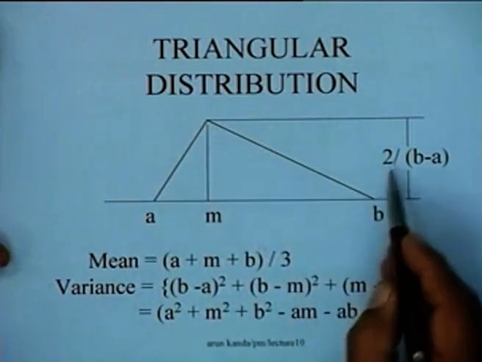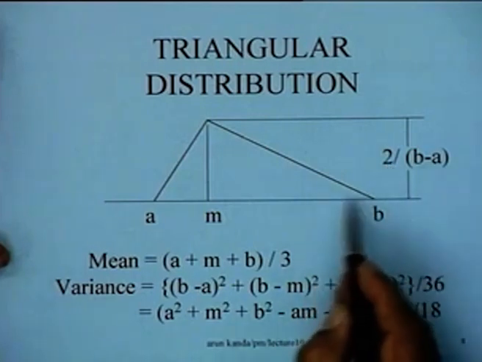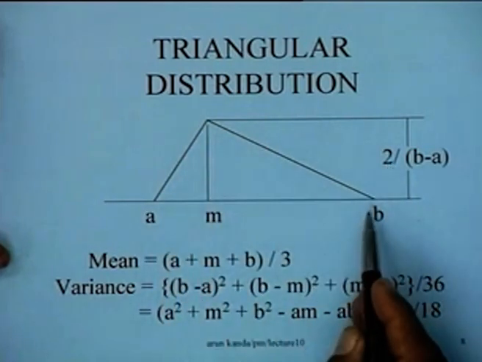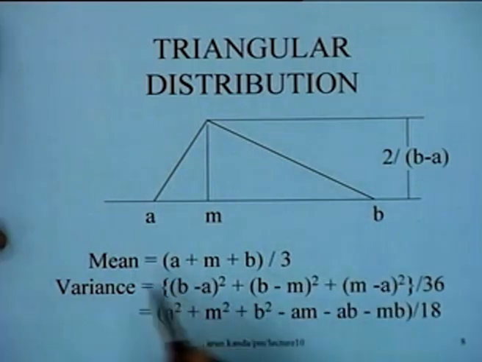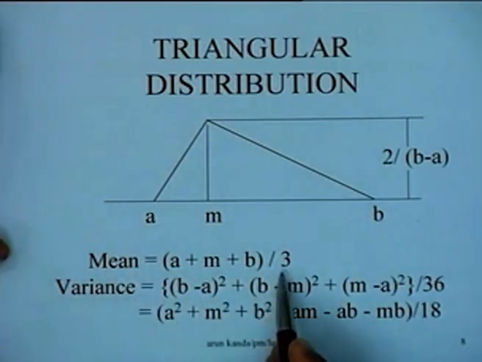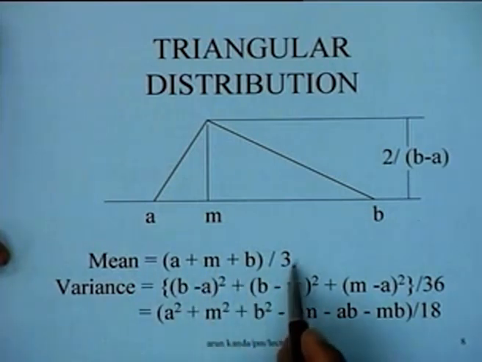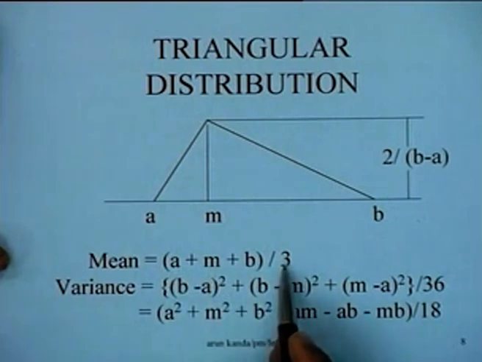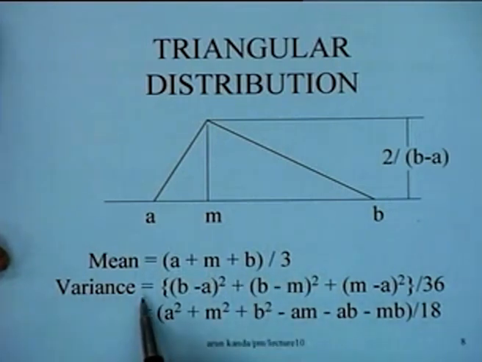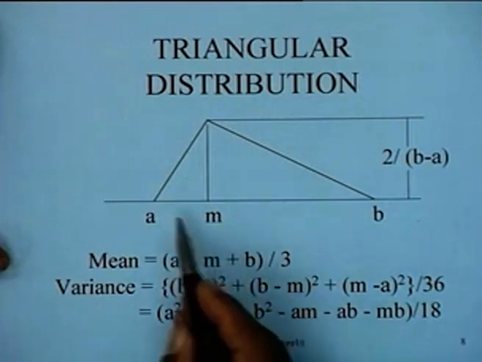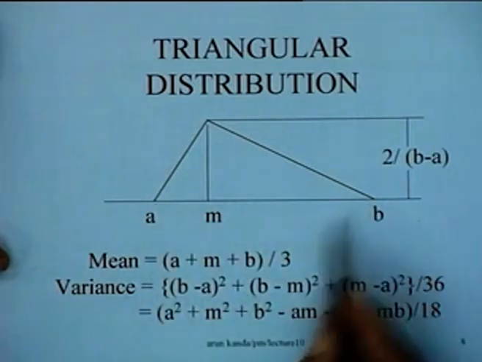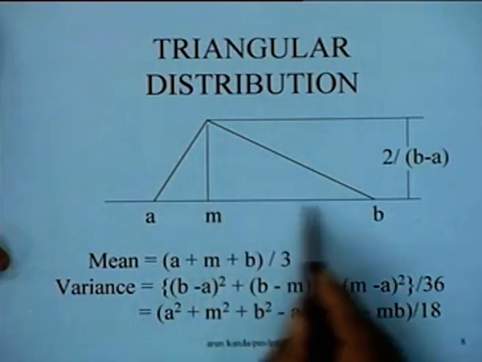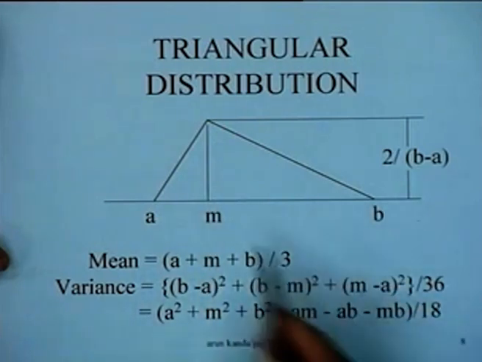This height would be equal to 2 over b minus a, because this entire area of the triangle must be 1. And consequently, the mean of this distribution is a very convenient simple formula: a plus m plus b by 3, just the simple average of the 3 values. And the variance of this distribution can be computed as a combination of the square of b minus a, square of b minus m, and square of m minus a.